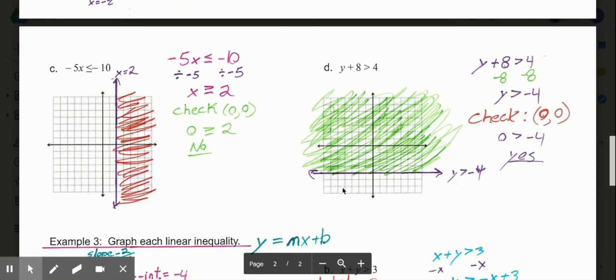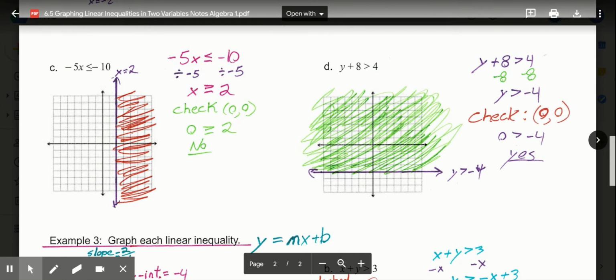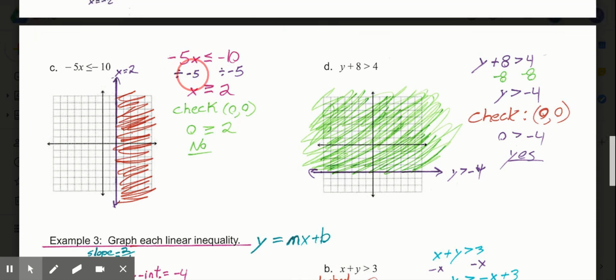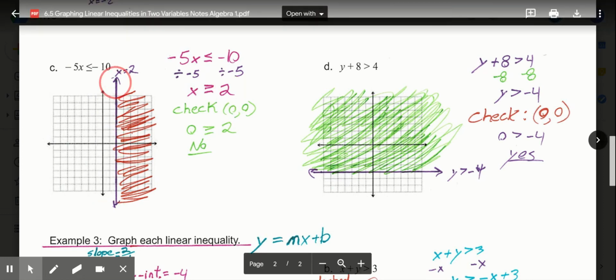Now for part C, we want to get our x value alone. So our first thing to do would be to divide by negative 5. Now remember, when we divide or multiply by a negative, the inequality symbol flips. So for this equation, we end up with x is greater than or equal to 2. So in this case, we draw our vertical line through x is 2, solid line because it can equal.